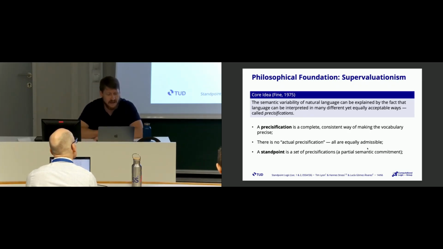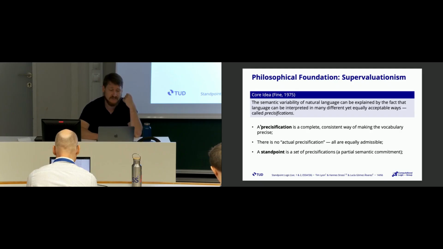And the idea is that the semantic variability of natural language can be explained by the fact that language can be interpreted in many different yet equally acceptable ways, which we call precisifications. So inside of our models that we're going to use to interpret these standpoint formulae in the propositional standpoint language, we're going to have specific points which are called precisifications.